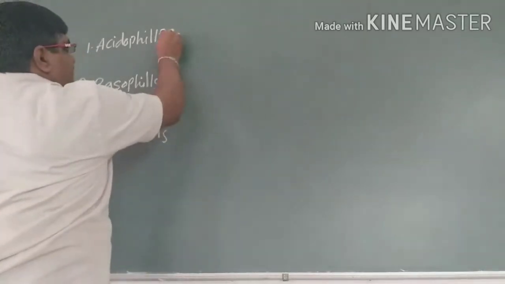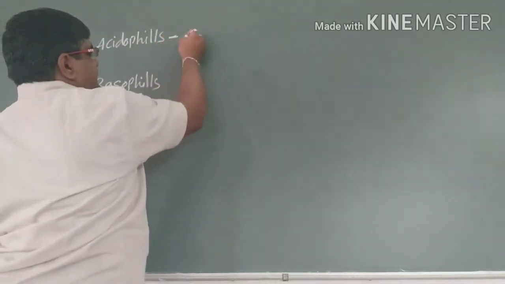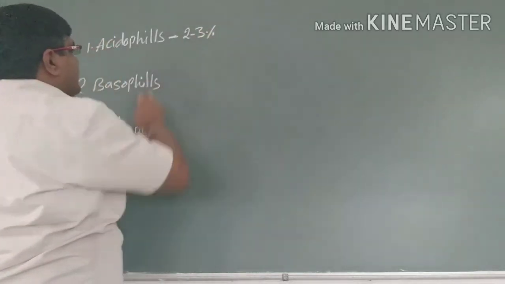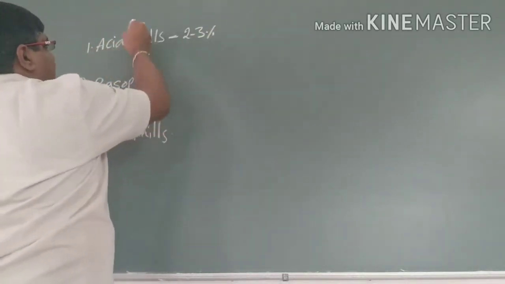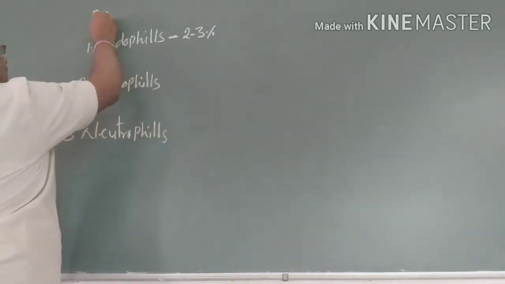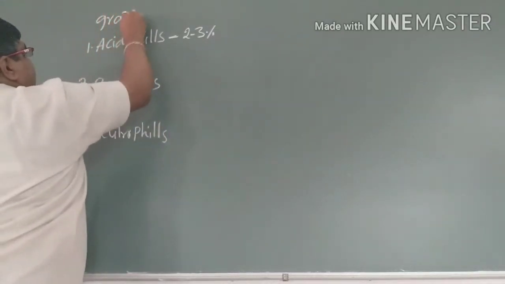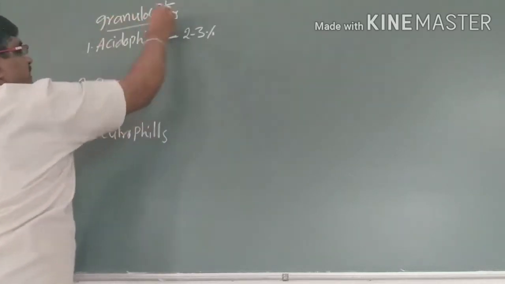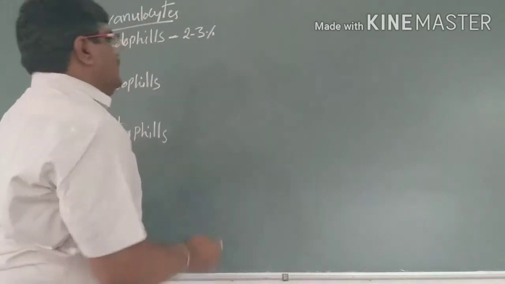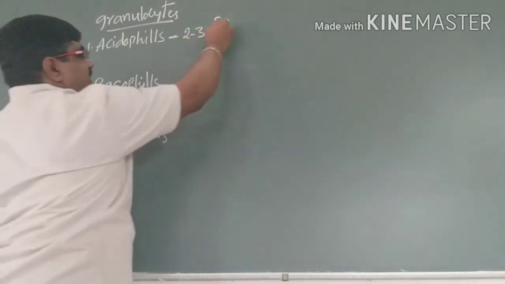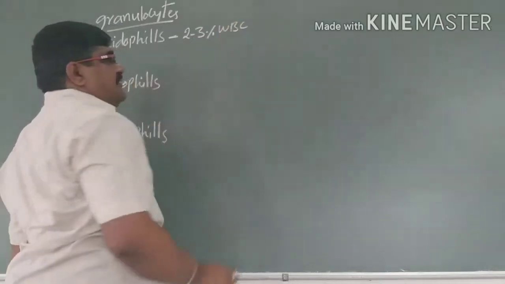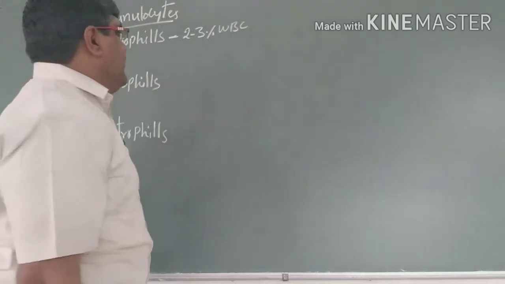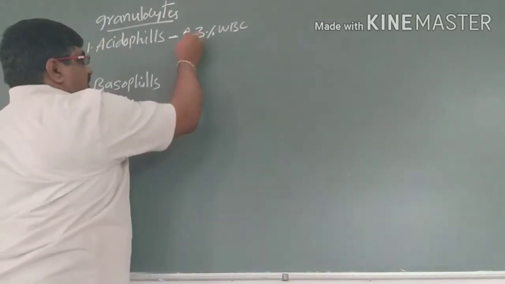Here the acidophils occupy 2 to 3% of the white blood corpuscles. These are granulocytes.